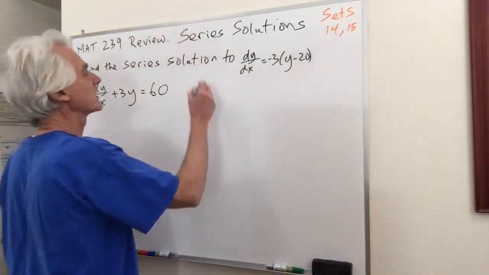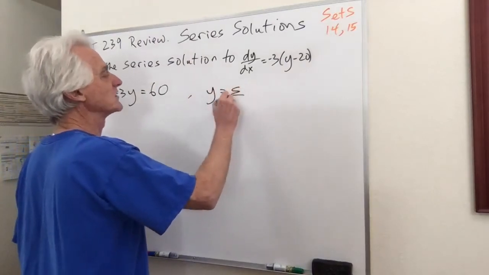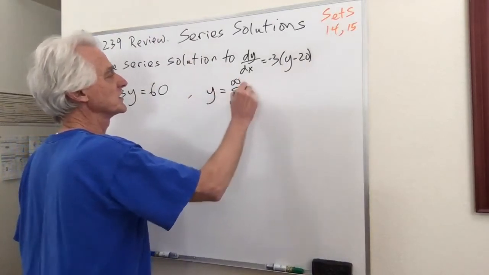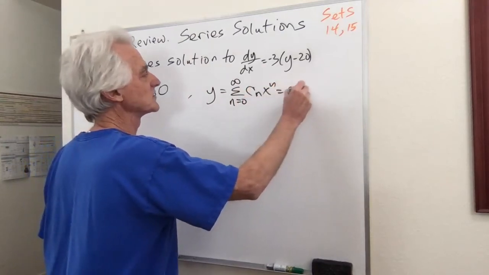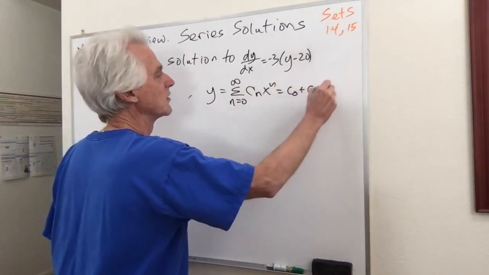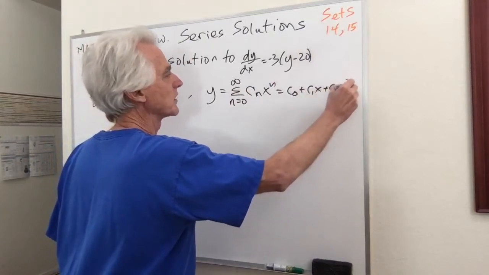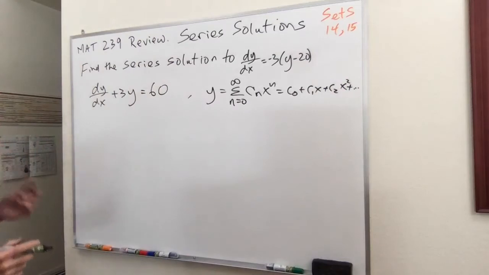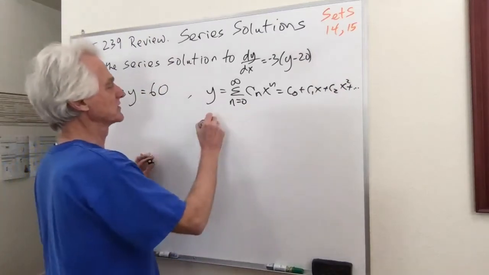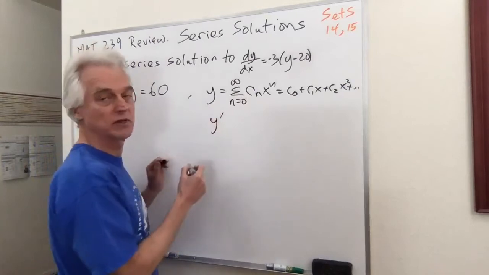And we're looking for a solution y as sum from n equals 0 to infinity, cn x to the n, so that's c0 plus c1x plus c2x squared plus dot, dot, dot. All right. Actually, while we're here, let's do the derivatives.